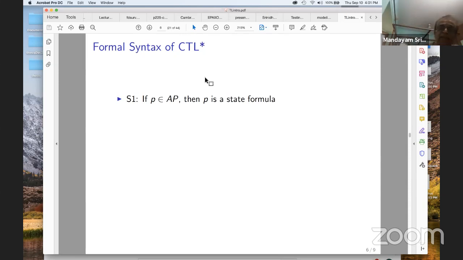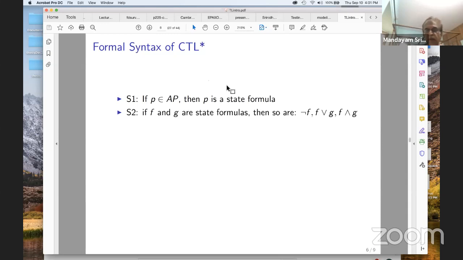What I did in the last slide was kind of informally give you when path formulas and state formulas would hold. So if P belongs to AP, this is all relative to a Kripke structure. Remember the Kripke structure.